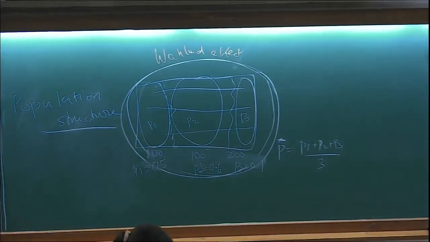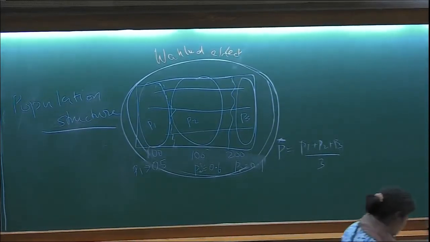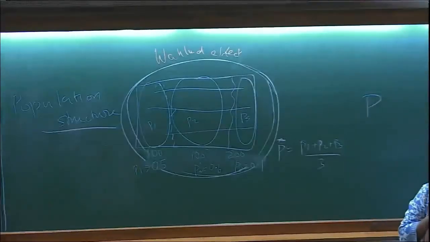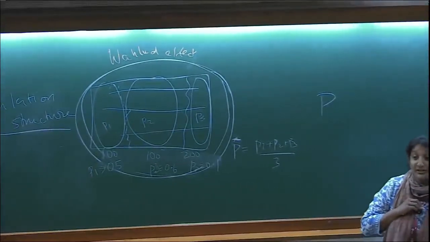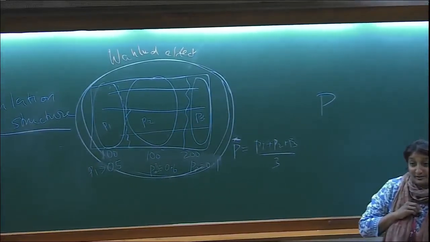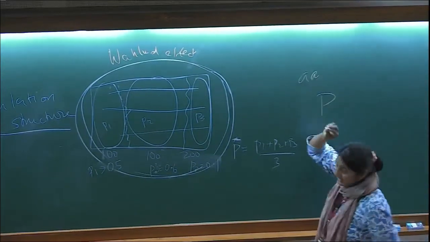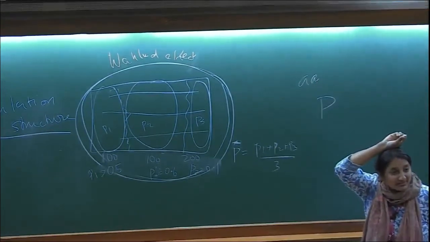So what you would think then, this is capital P, okay? Who are these people? What are their genotypes? Small a. Okay, the small a people.